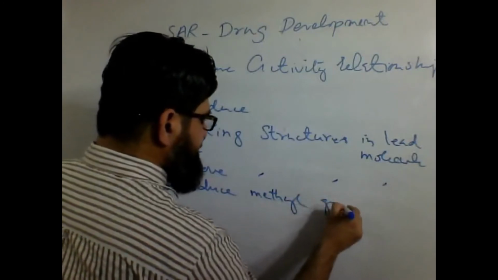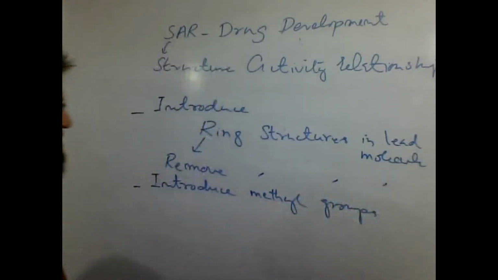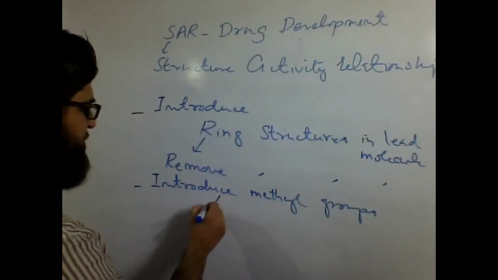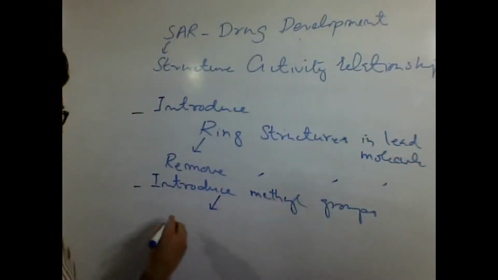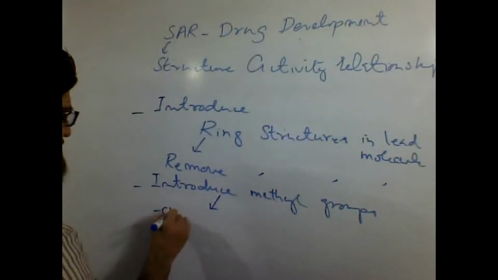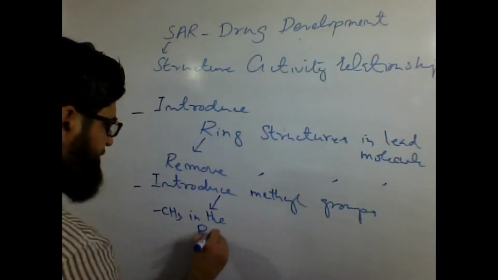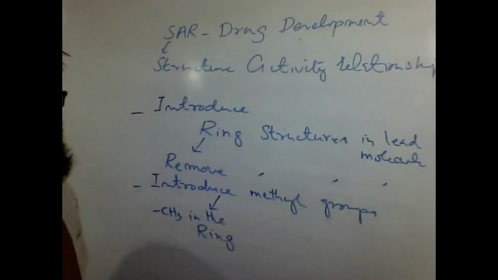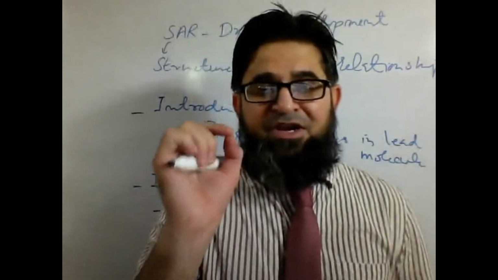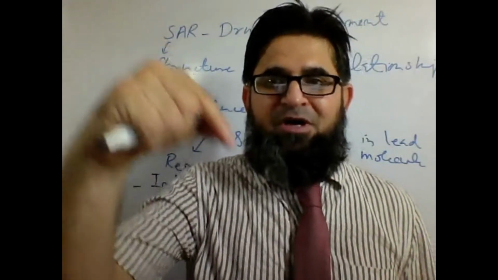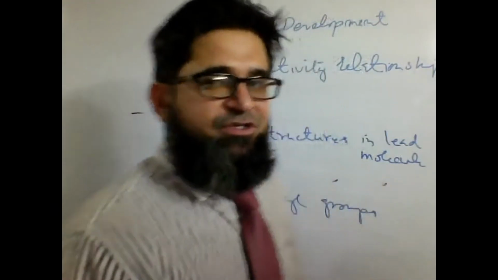Similarly, we could introduce methyl groups in the lead molecules. They could be introduced in two ways. Methyl groups means CH3s in the ring. We could introduce them in the ring of the lead molecule. If a lead molecule carries a ring, we could introduce methyl groups into its ring structure, okay?